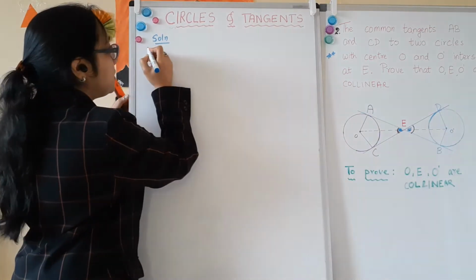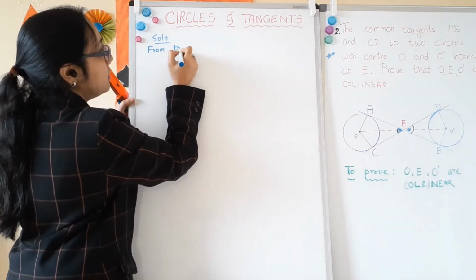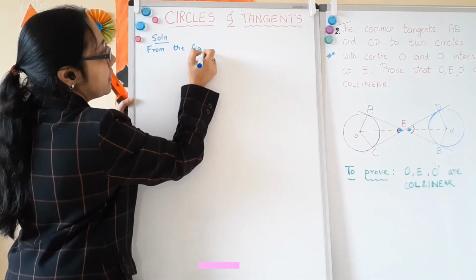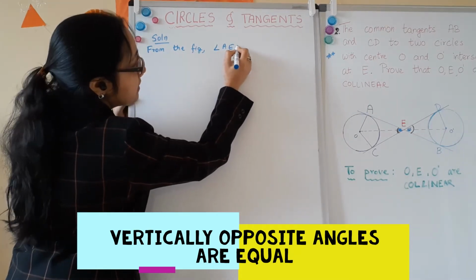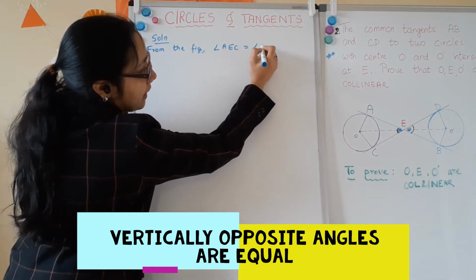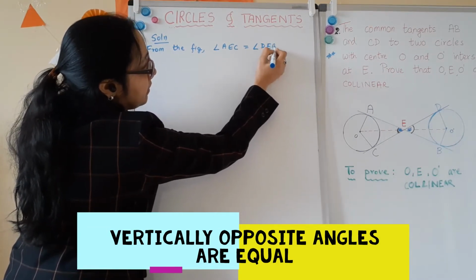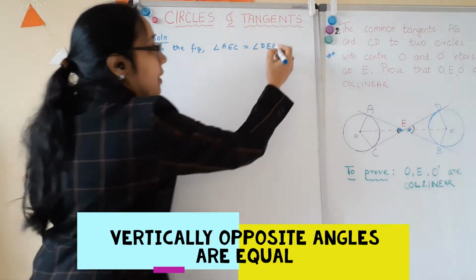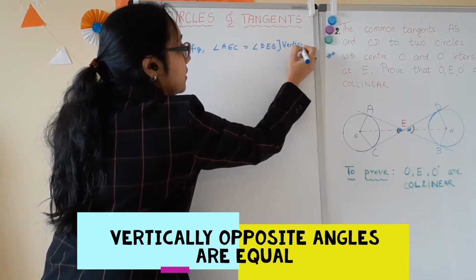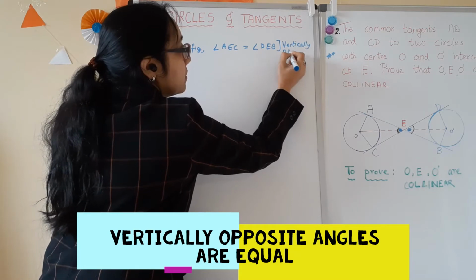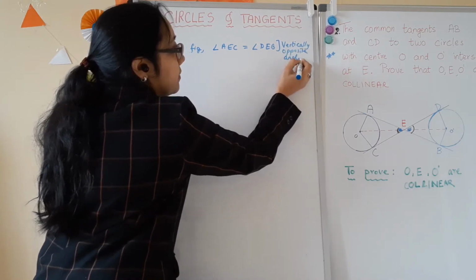So we can write here, from the figure we can write angle AEC will be equal to angle DEB. Why? Because we can write here vertically opposite angle, right?